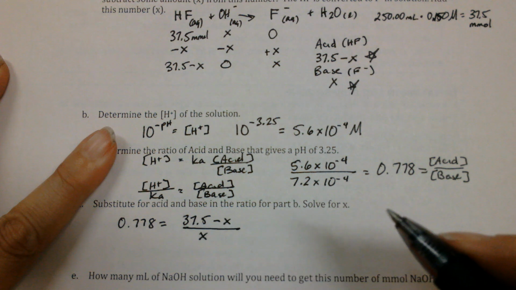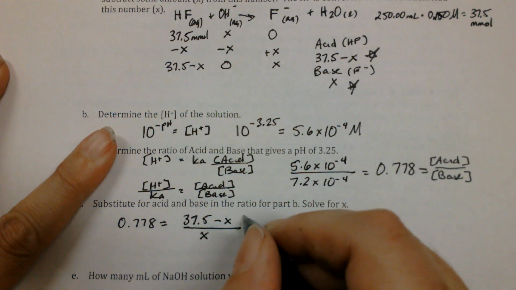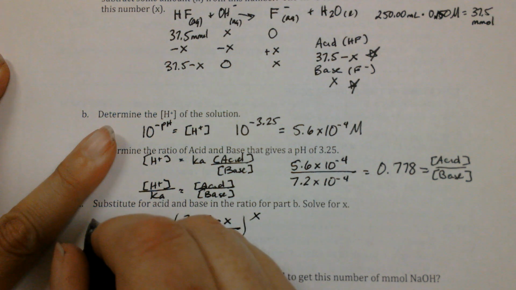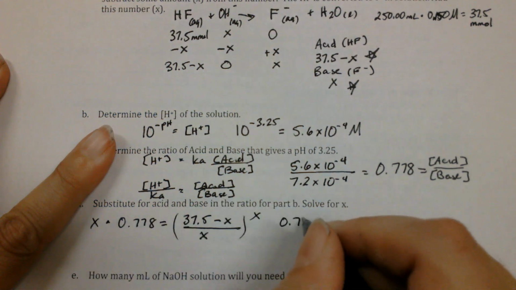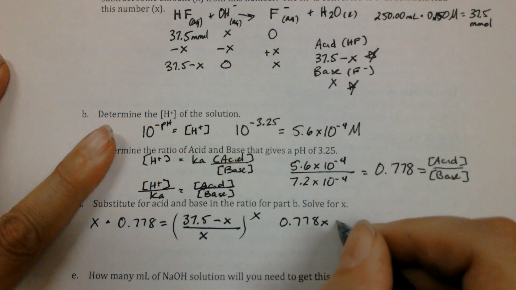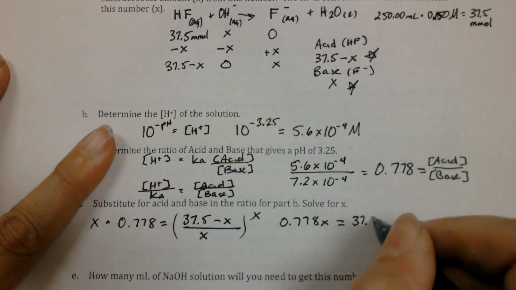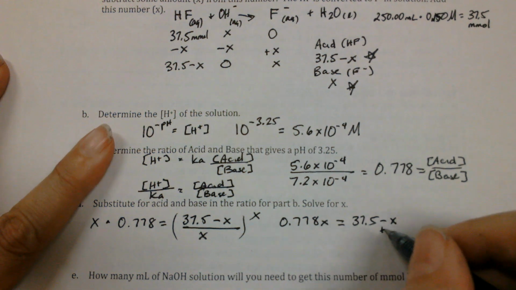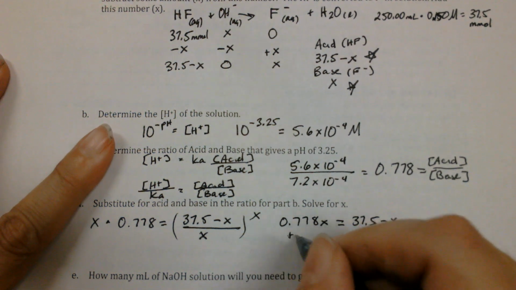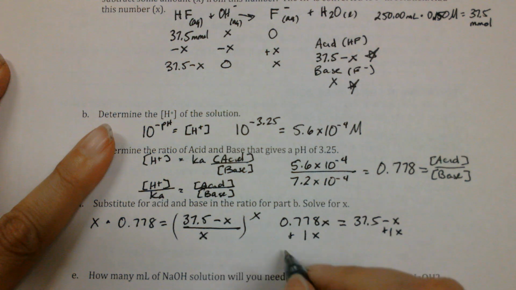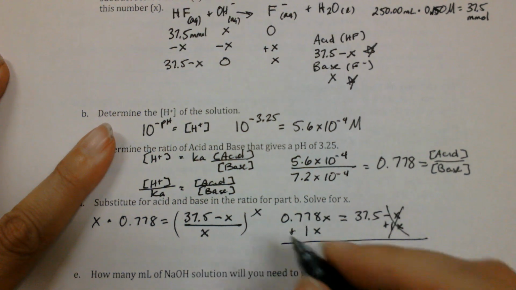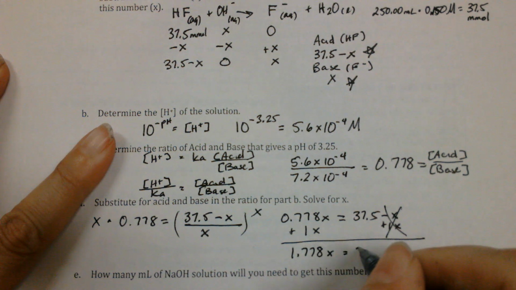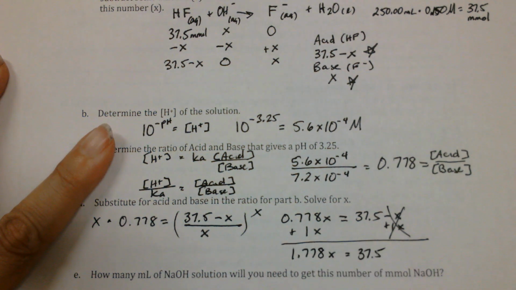Of course, we would need to multiply both sides by x to get x out of the denominator. That would give us 0.778x equals 37.5 minus x. Then we would want to collect the x's on both sides, so that's plus 1x on both sides. That'll cancel that out, so I get 1.778x is equal to 37.5.